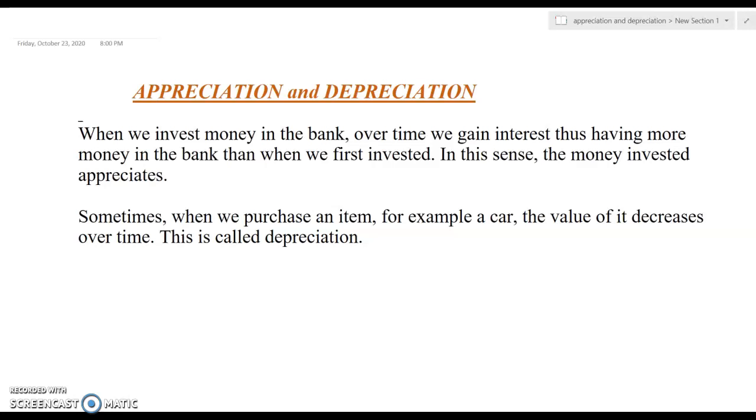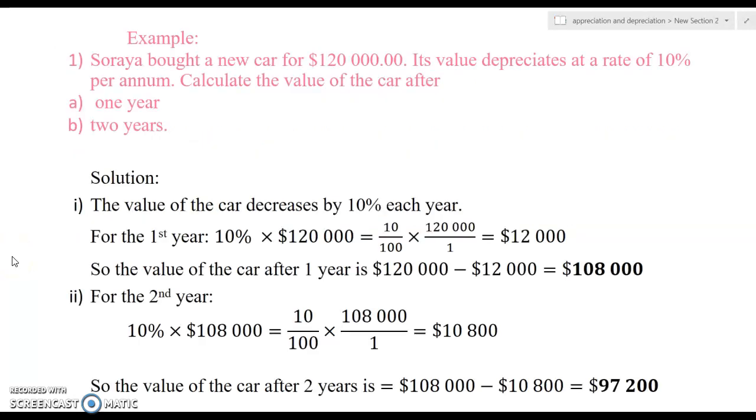However much you paid for that car, 10 years from now the value of that car is going to go down. It's going to depreciate, right? The value is going to decrease. And that's what depreciation basically is. So the example I will be focusing on is more on depreciation. Let's look at this example here.